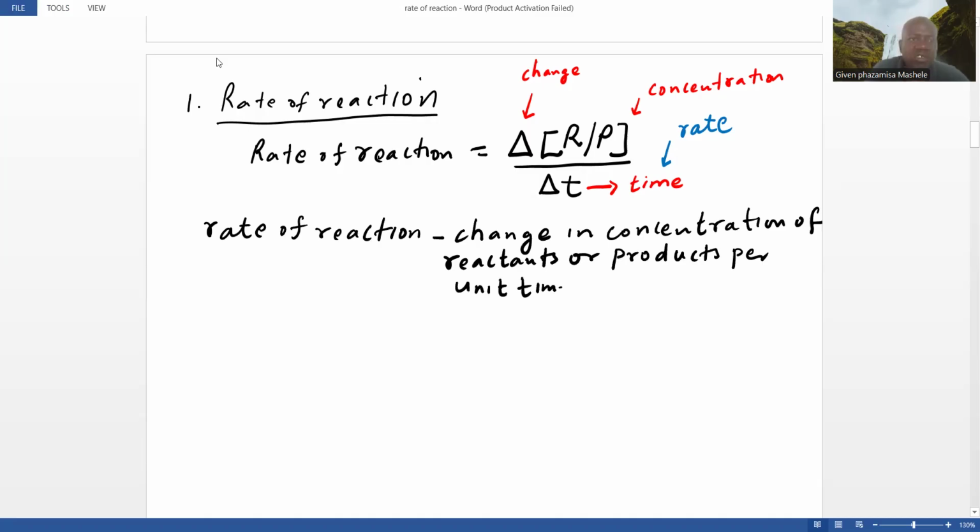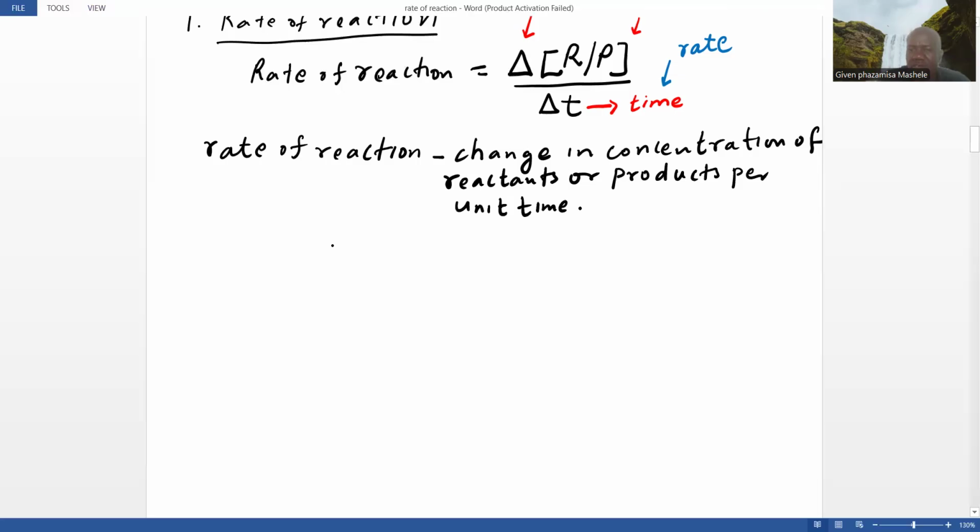So the change in concentration of the reactants or products per unit time is regarded as the rate of reaction.